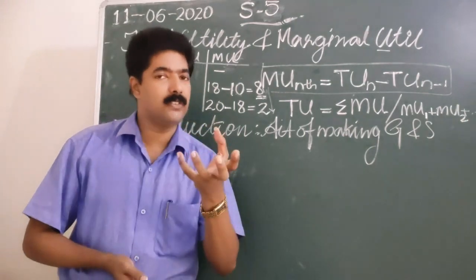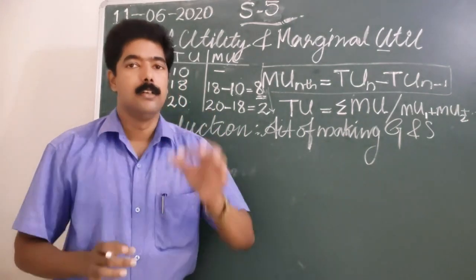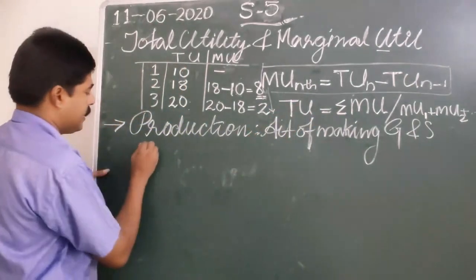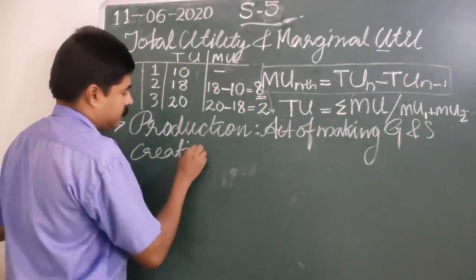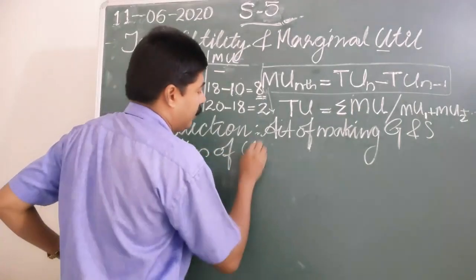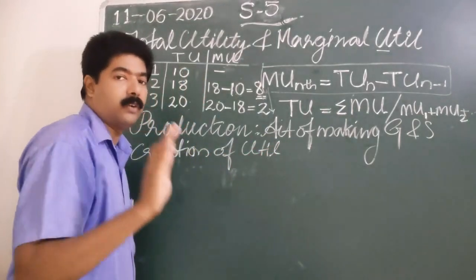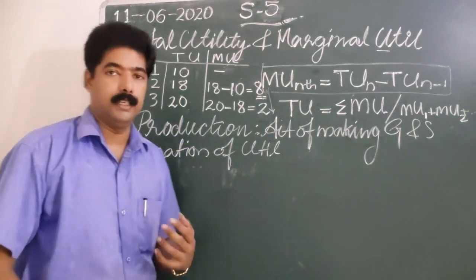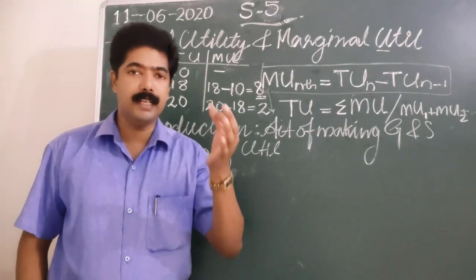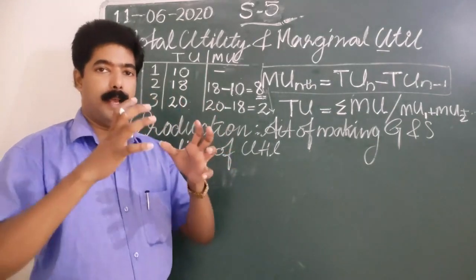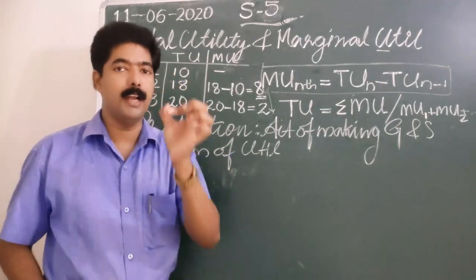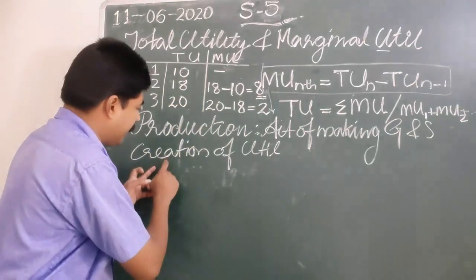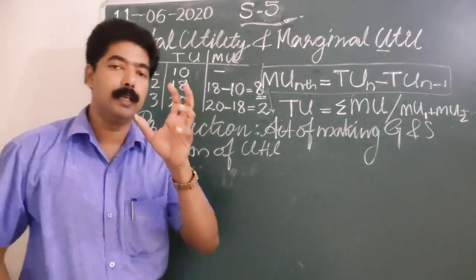Or in a simple sense we can say production means creation of utility. What is utility? The satisfying power of a commodity. When a producer produces any commodity which has the capacity to satisfy human wants, then we create utility there, and that is called production.